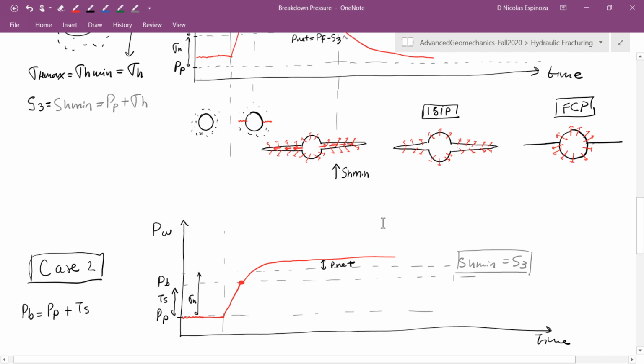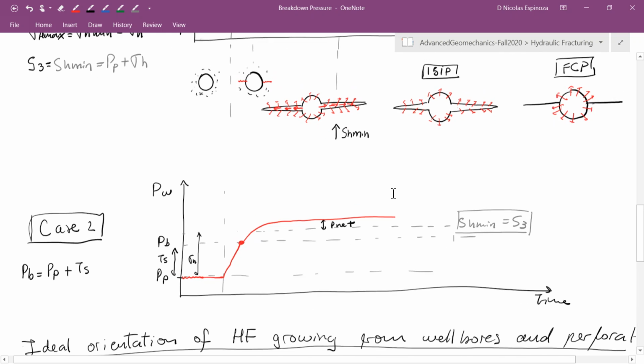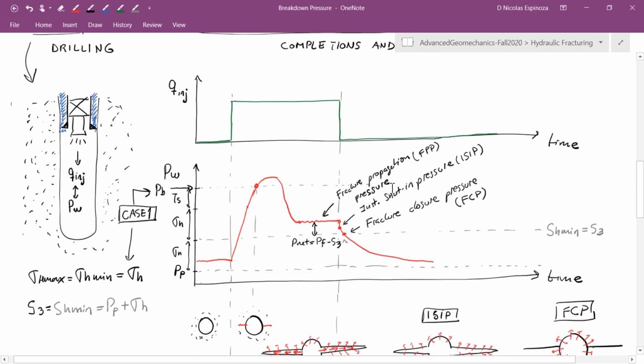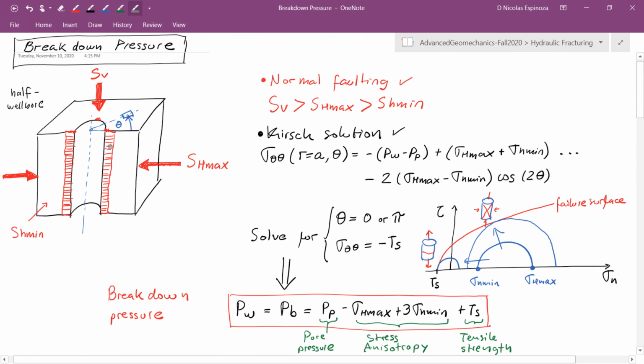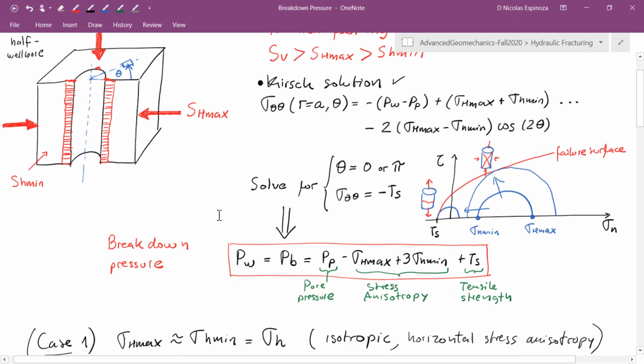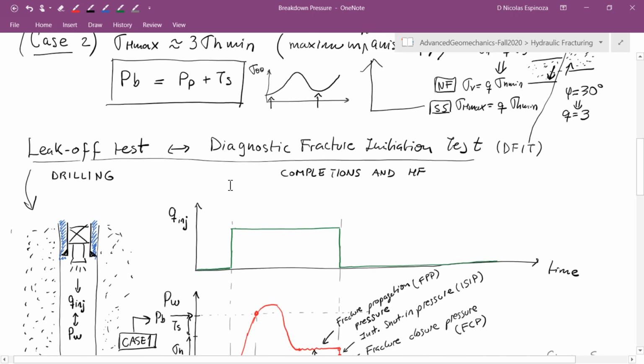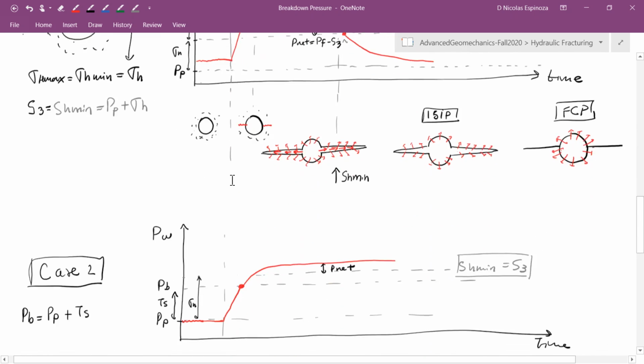All right, let's see now how we apply this concept of the initiation of a tensile fracture at the well into 3 dimensions and with wellbores at different orientations.